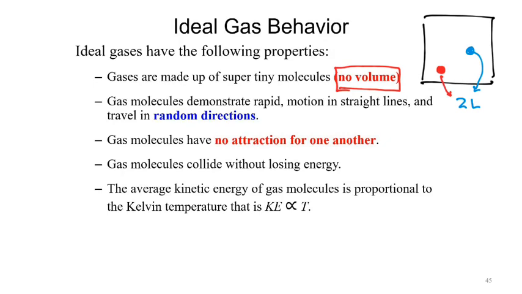Okay, so that doesn't seem to make much physical sense to us, but what we're thinking about is on a much larger scale. When someone walks into our classroom, the volume of the classroom has decreased because the next person can't exist where that person is located.